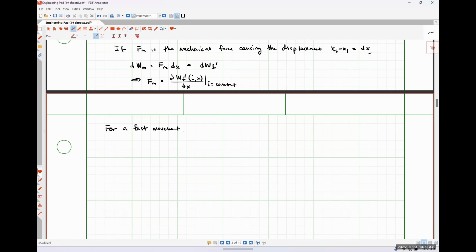So for a fast movement, the flux linkage will remain constant during the motion.